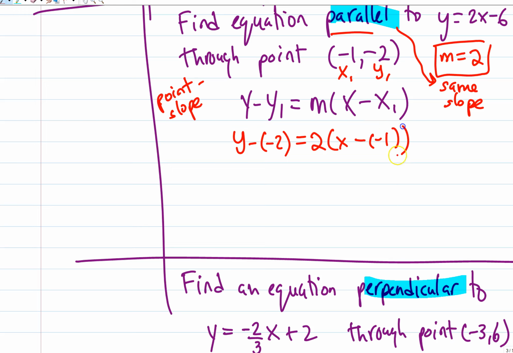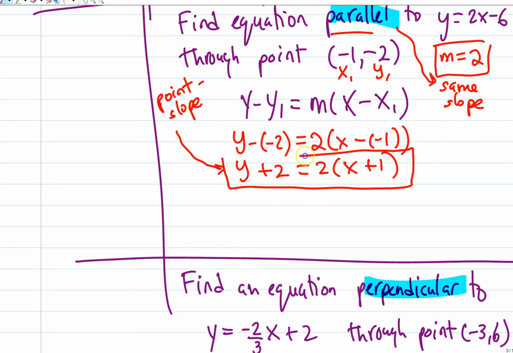Now, I'm not going to leave it like this. I will take the minus negative and make both of those plus. Y plus 2 equals 2 times x plus 1. This would be our answer if our answer just said point slope. If the answer, and there will be in the homework and in the worksheet where it says, if I want the answer in point slope form, this is what you would type in.